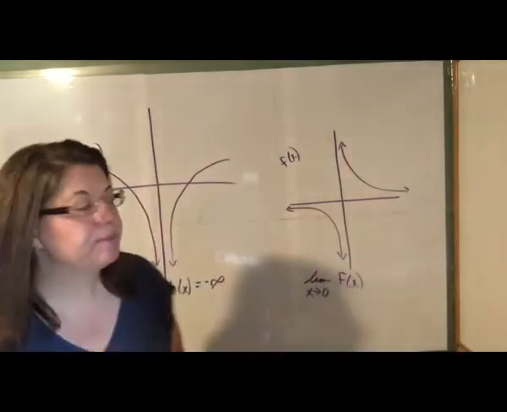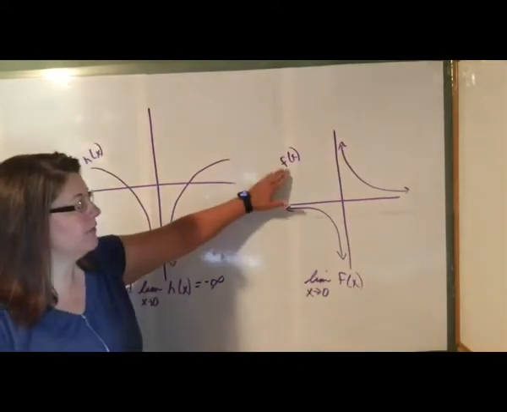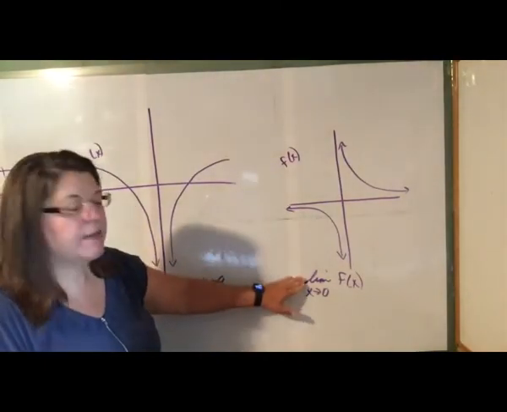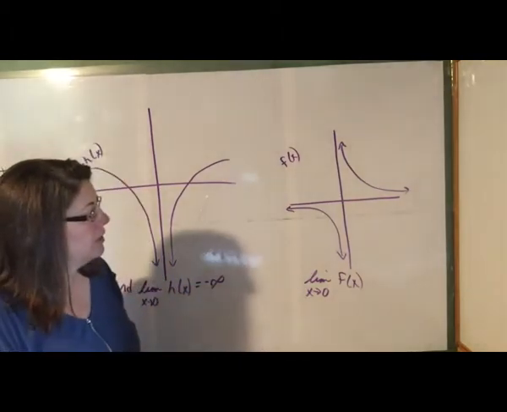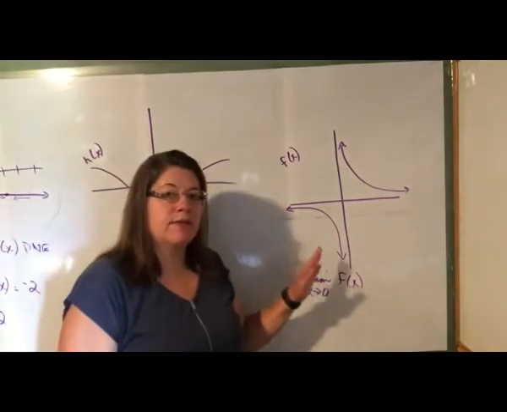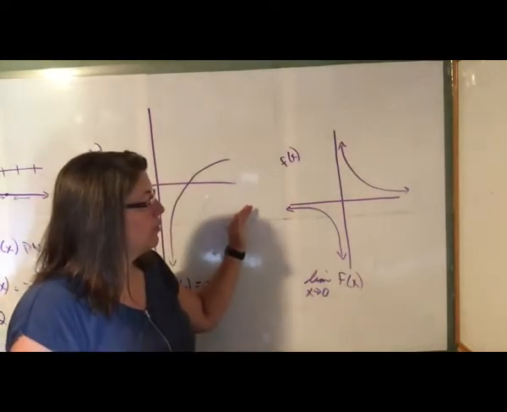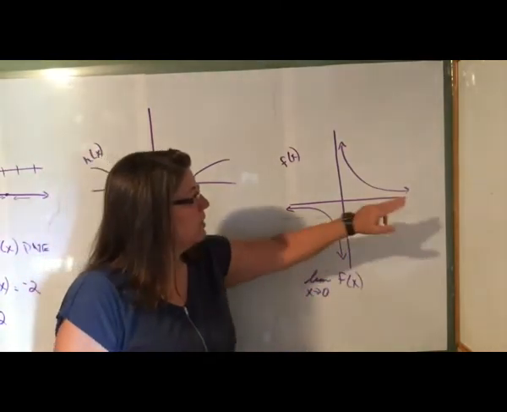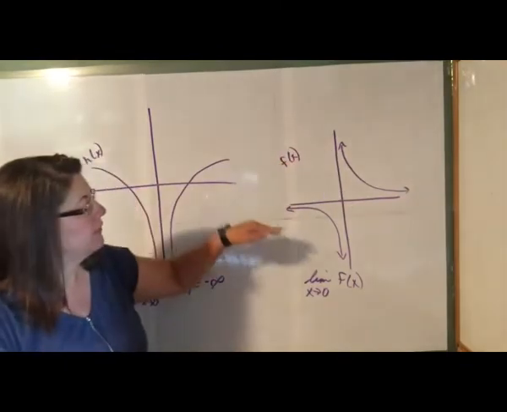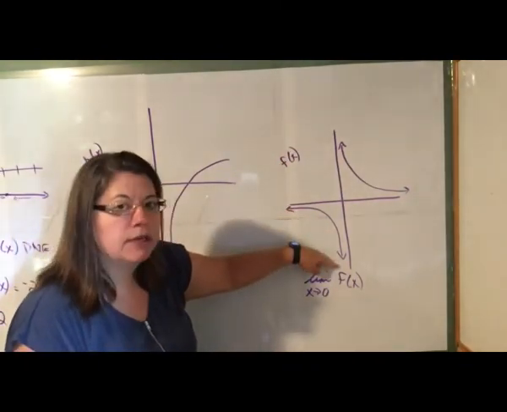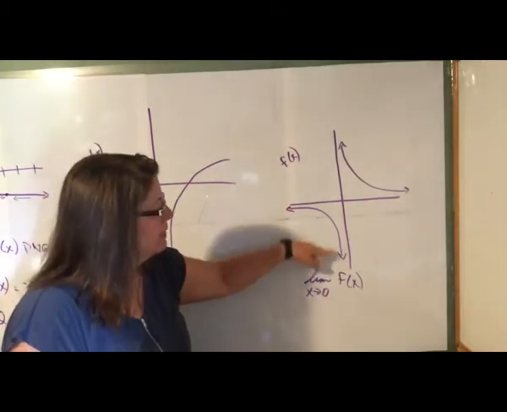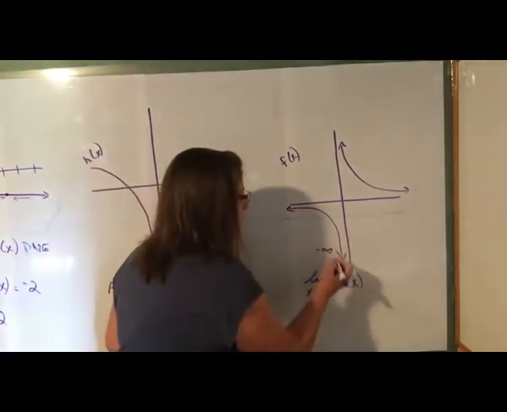For the next one, this is a function f of x. They're asking us to find the limit of f of x as x approaches 0. And again, we're going to have to consider what's happening as we approach from the left and as we approach from the right. Well, if we approach from the left, this function is going down infinitely, so from the left, it's approaching negative infinity.